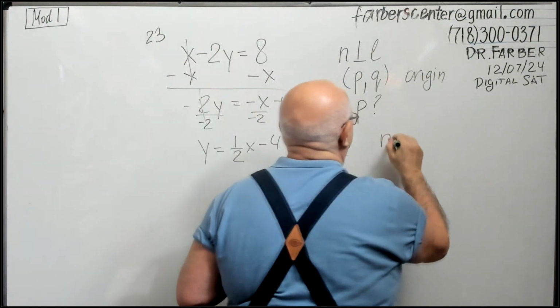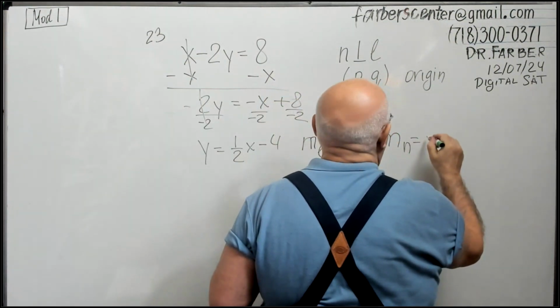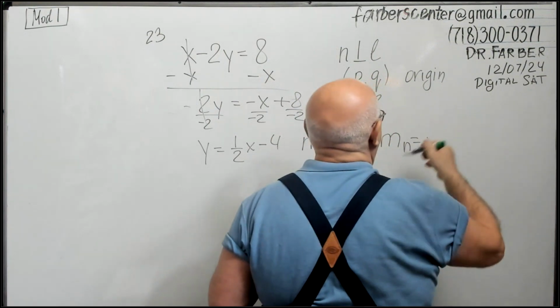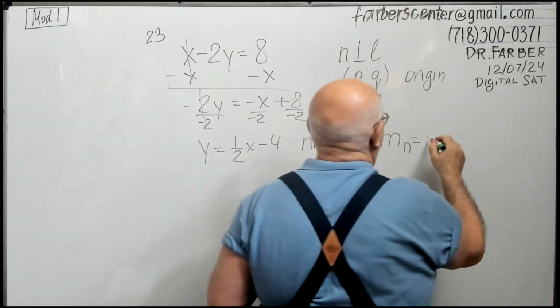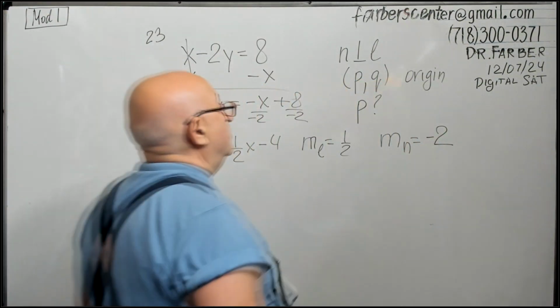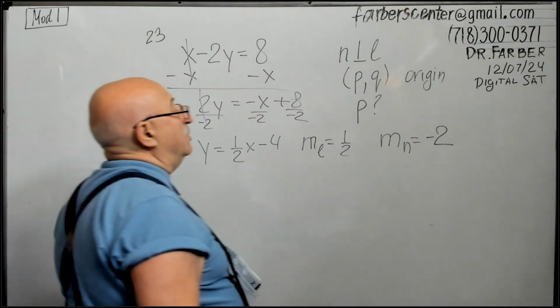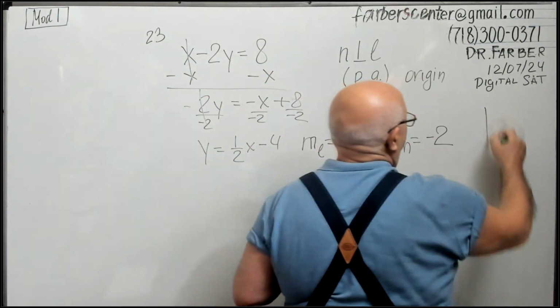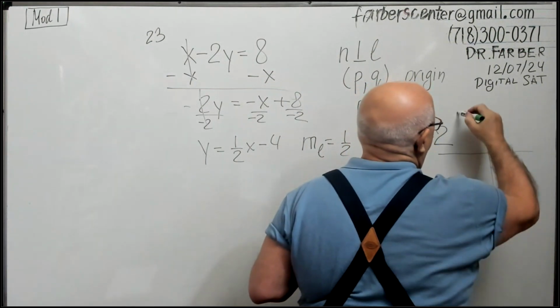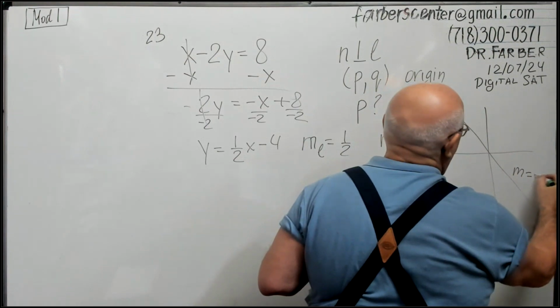So the slope of line N is the upside down and negative reciprocal. It will be negative 2. Since the lines are perpendicular, the slope is the negative reciprocal. And since this goes through the origin, the line goes like this, and the slope equals negative 2.